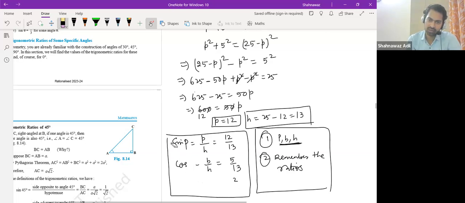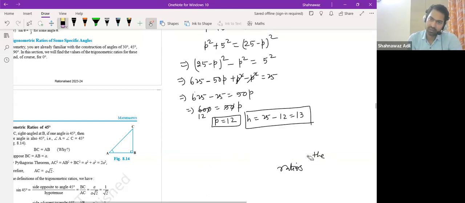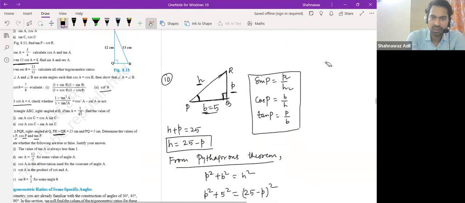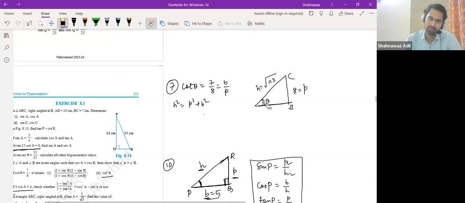Now let us go to the next exercise. So we were talking about, right? So in this exercise, the angles were not known, right? We only knew about the ratios, right?